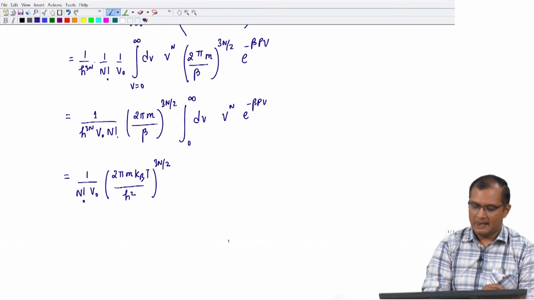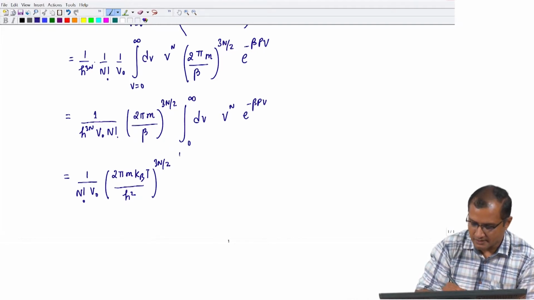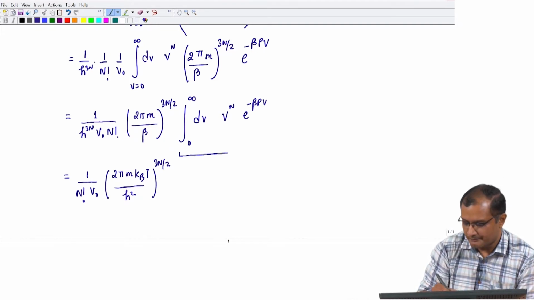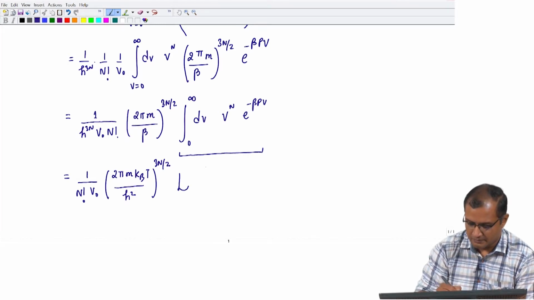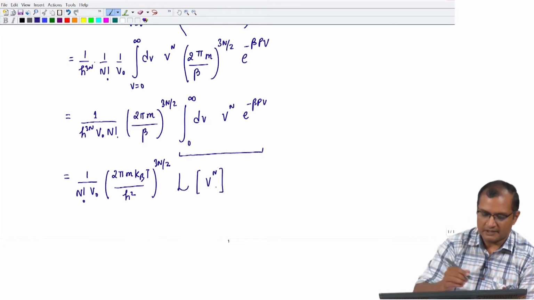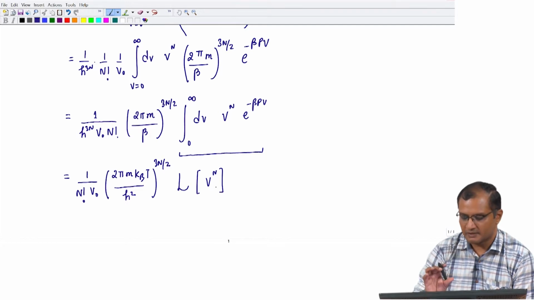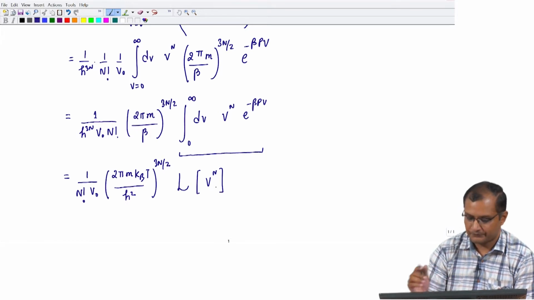Okay. And if you notice, this is nothing but a Laplace transform of v to the power n, except for the fact that I have taken the s of the transform as beta p.